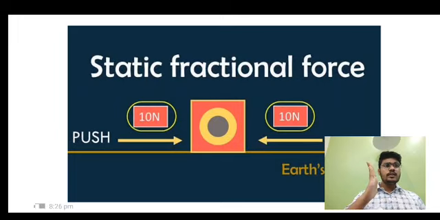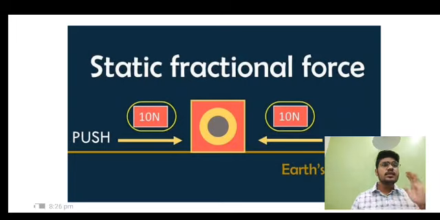So 10 newton in this direction, 10 newton in the opposite direction. Equal amounts of force applied in opposite directions, so the net force will be 0. As the net force is 0, the acceleration is 0. If acceleration is 0, the body is at rest. So the body is at rest.